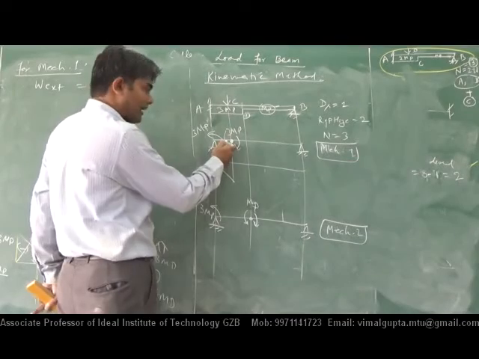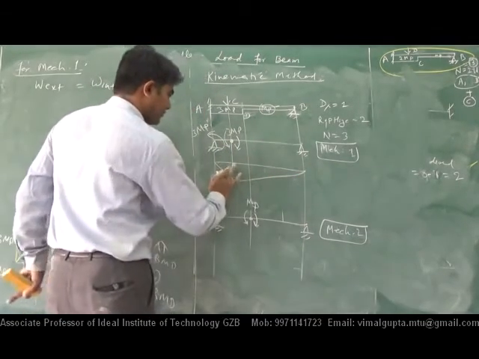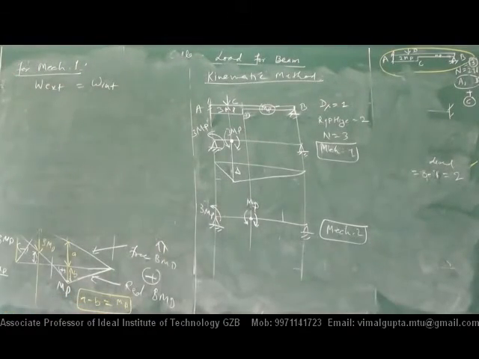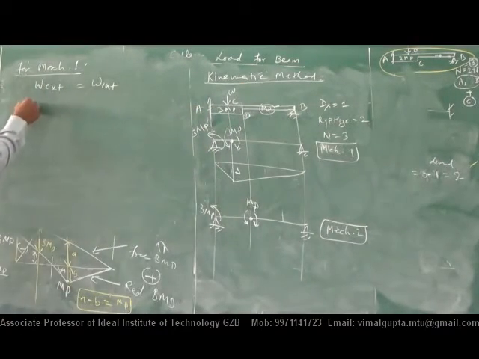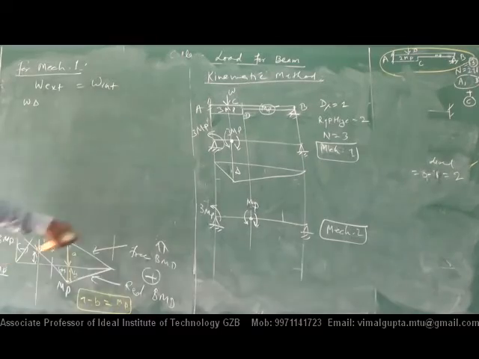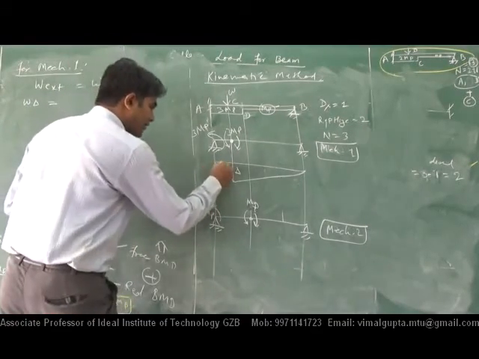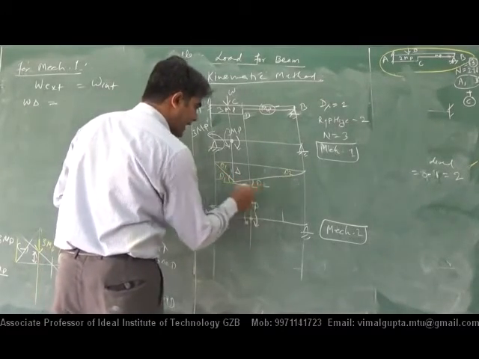If this is the internal hinge here, then we will have this kind of deflected shape. Now the external work done will be W into delta, as no other load is there. And for internal work done, say this is theta 1 and this is theta 2, then here it is theta 1, here it is theta 2.